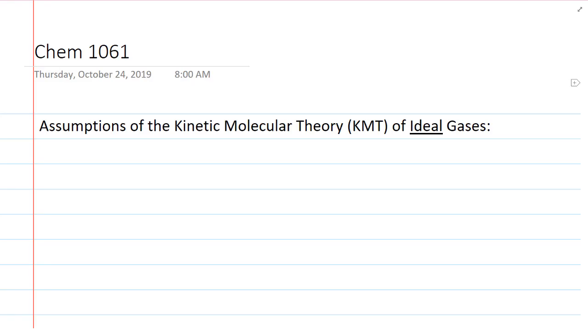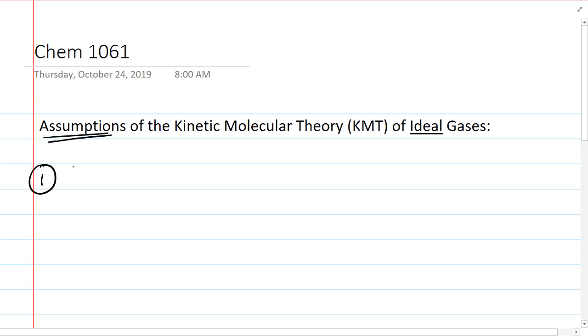All right. Now, what we have been looking at is something called the kinetic molecular theory of ideal gases. We haven't really used this word yet. And we refer to it as an ideal gas law. Now, when we talk about an ideal gas law, there are some assumptions.